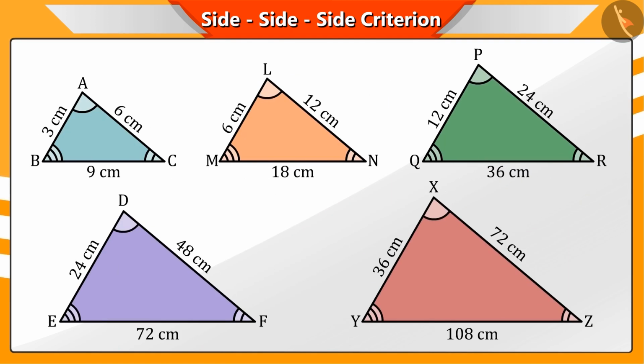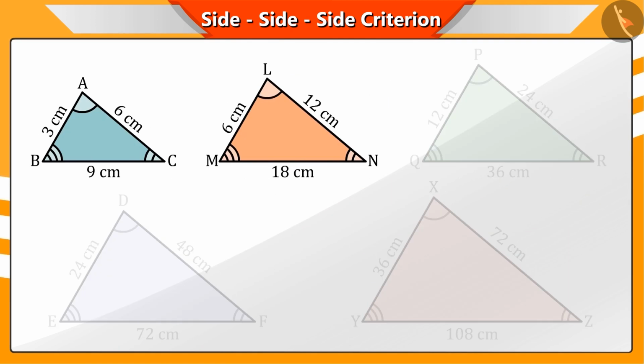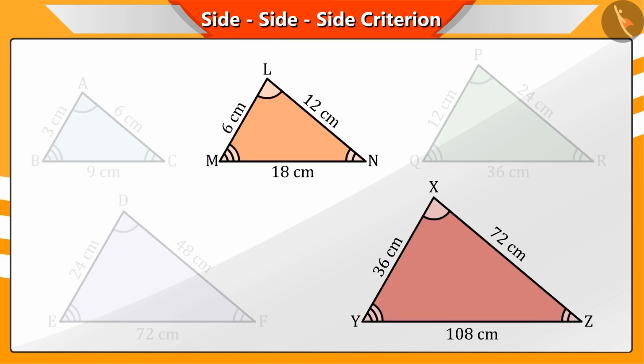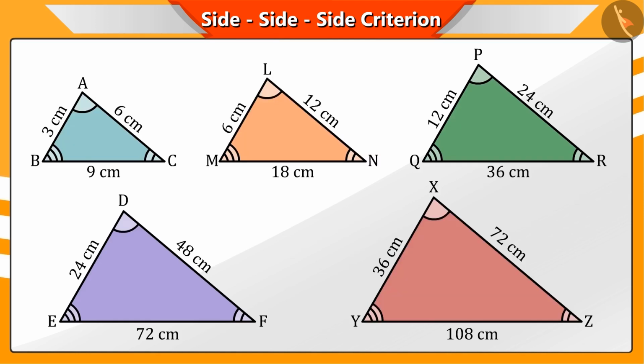Similarly, if we take any two triangles from these, then the ratios of their corresponding sides and the corresponding angles are equal.